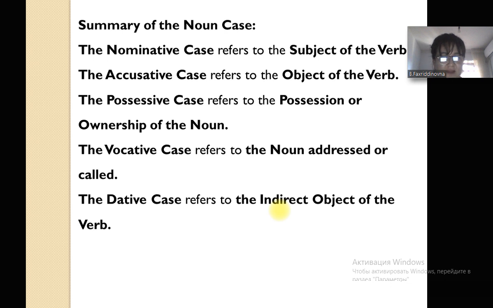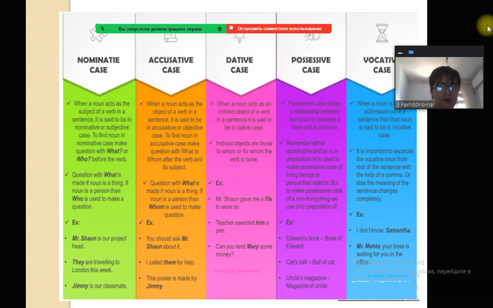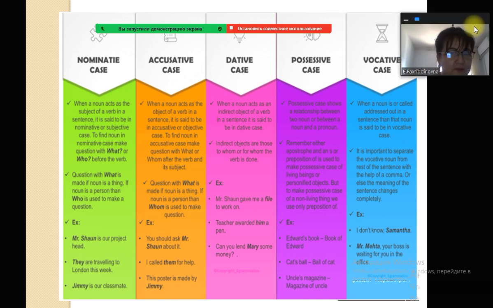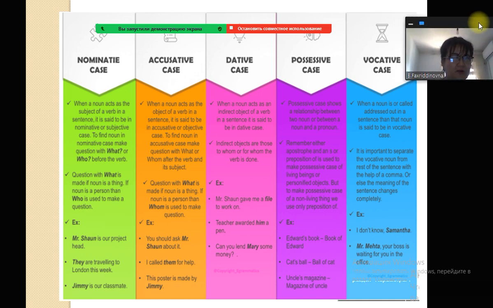The last one, the dative case, refers to the indirect object of the verb in the English language. In conclusion, in our lesson we talked about five cases of the noun in English: nominative case, accusative case, dative case, possessive case, and vocative case.